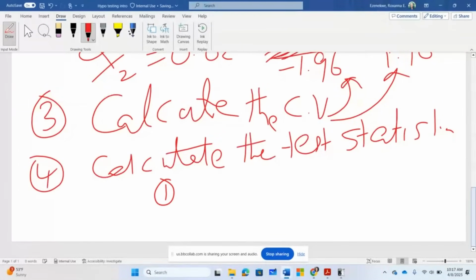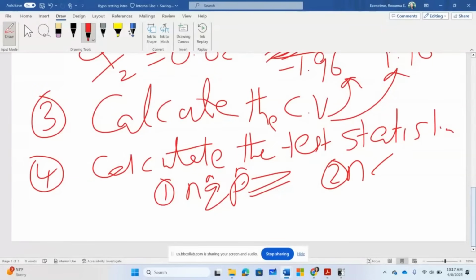We talked about it last week. Let's talk about it again. Condition number 1: NPQ must be greater than or equal to 10. Condition number 2: the sample size must be less than 5% of the population. Population is capital N, sample size is small n. If the 2 conditions are met, then you are ready to do hypothesis testing. So calculate the test statistic.